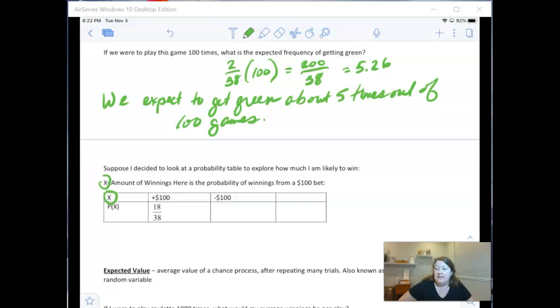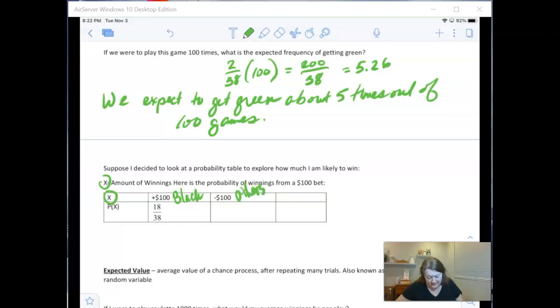Okay, and then the probability underneath them is how likely it is. So we're going to take a look at black this time. So I'm going to say that if I end up on black, I am going to win $100. If I end up on any other color, I'm going to lose $100. So now they're not having me break them out by just red, green, and black. They're just black and not black. So this is all the other colors.